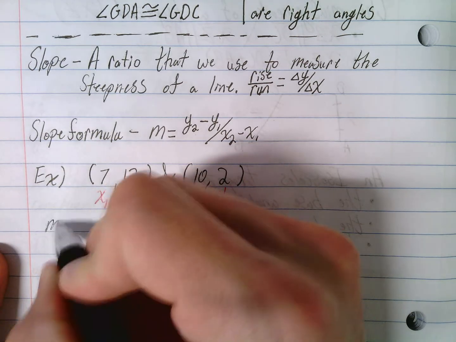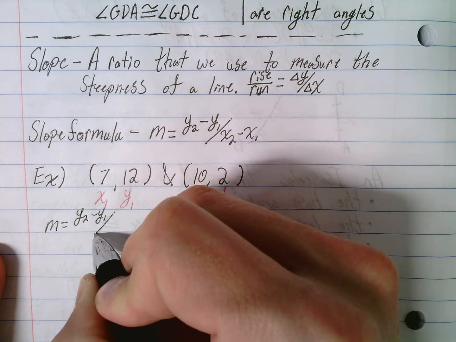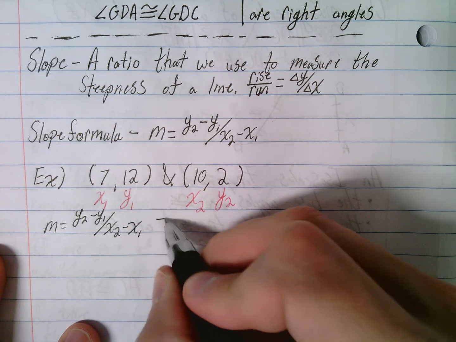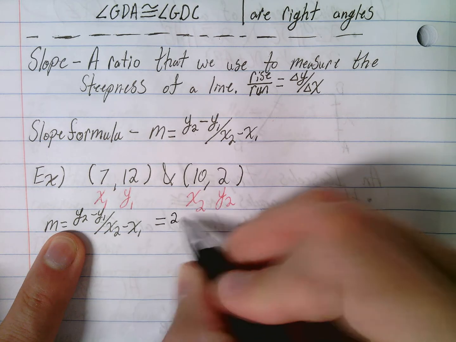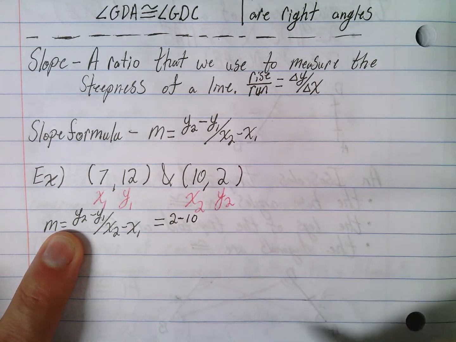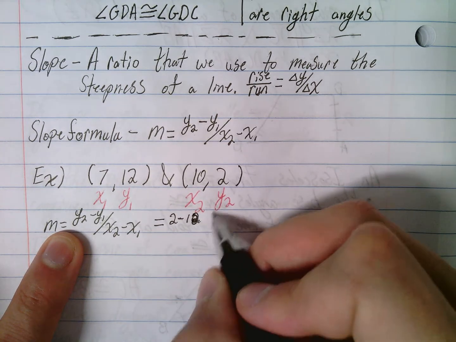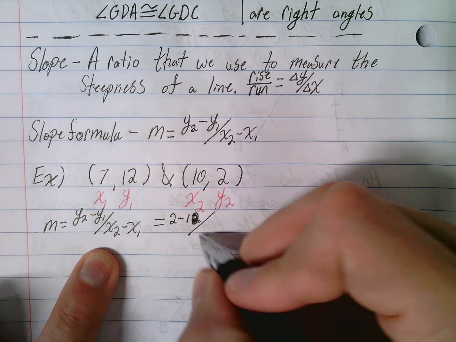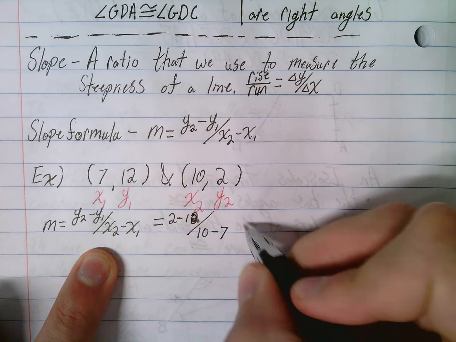So if we have m is equal to y2 minus y1 over x2 minus x1, we can say this is equal to my y2, which is 2, minus y1, which is 12, excuse me. I had to go and mess up now, didn't I? And then x2, which is 10, minus x1, which is 7.